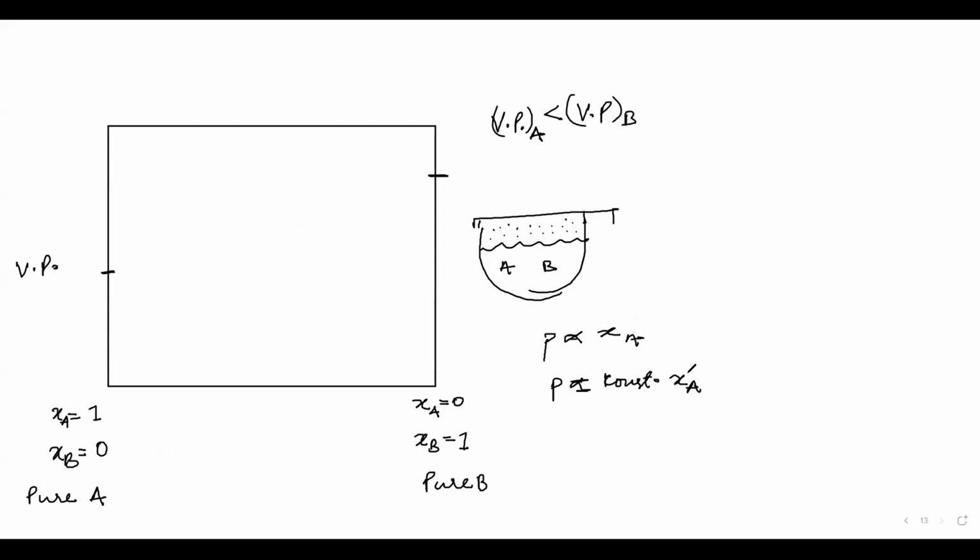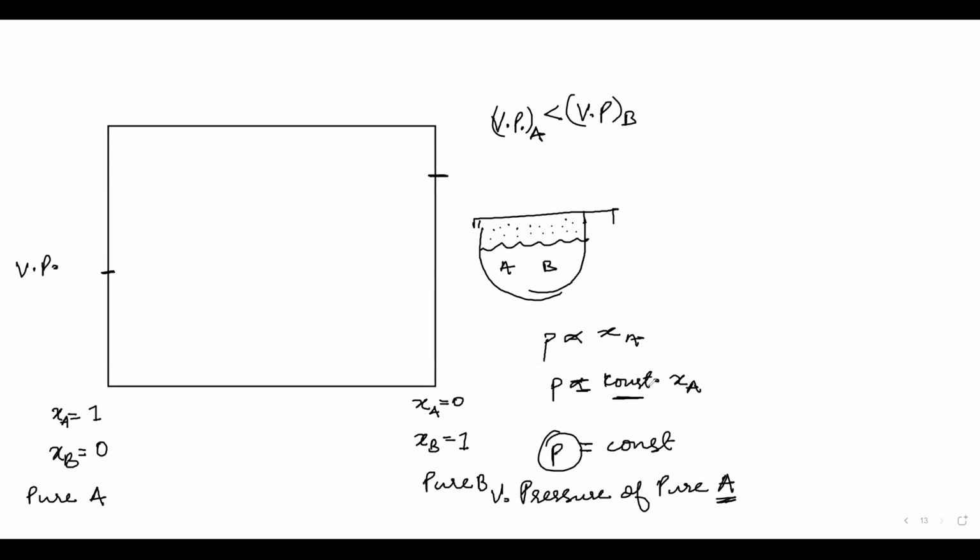Yes, sir. Now, if I want to find this constant, what is the mole fraction of pure A? 1. So this constant is equal to the vapor pressure of pure A. Am I right? Yes, sir.